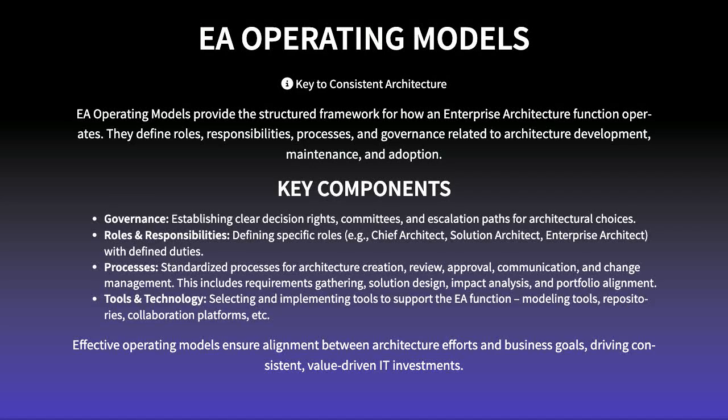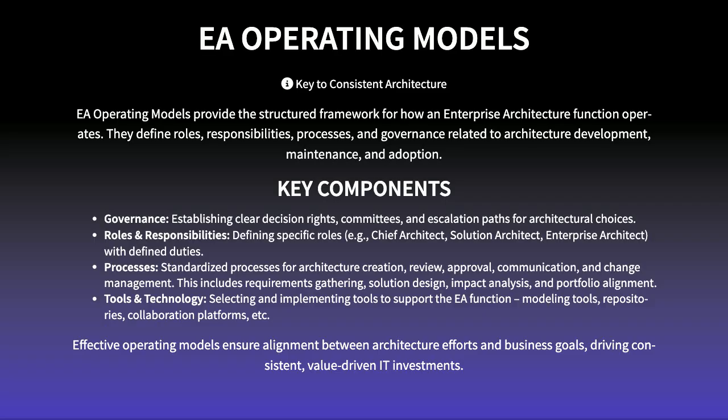Okay, let's talk about EA operating models. Think of these as the blueprints for how your enterprise architecture team actually works. They aren't just about creating diagrams. They define who does what, how decisions are made, and the processes you use to build and maintain your IT architecture. It's all about governance, making sure everyone understands their roles and responsibilities.